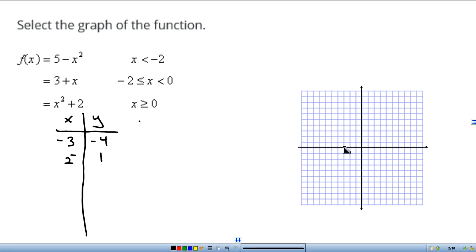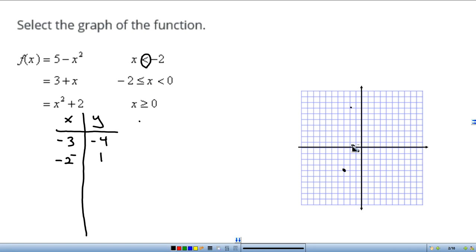So I've got -3, -4 right there. And now I'm going to go to, when I was talking about 2, I meant -2. Okay? So I'm going to go to -2, and that's going to give me 1 right there. But here's my thing.